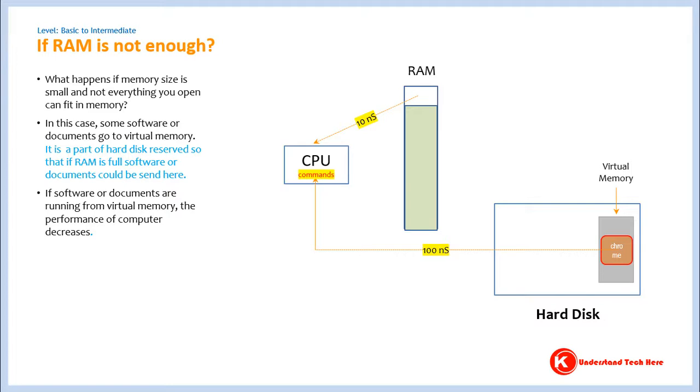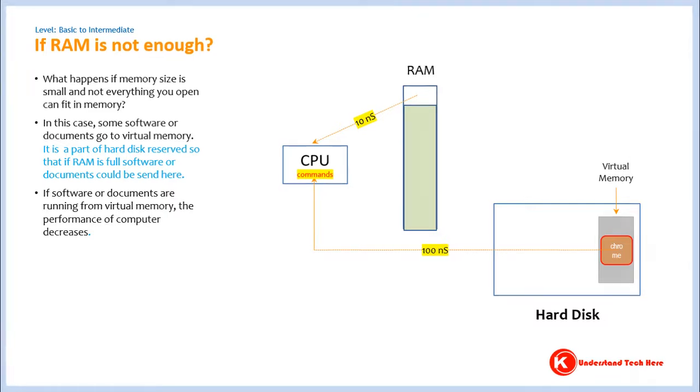So if any things are running from virtual memory, those things are going to run slowly. In comparison to this, if commands would have been in RAM, commands would have quickly reached the CPU and things would have run quickly. I would like to add here, the management of virtual memory is more complex than what I have shown here. For example, it involves swapping in and out data and many other things.